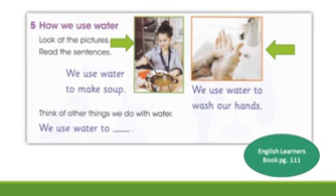Especially at this time, it's very important for us to wash our hands to keep them clean. So think of other things we do with water. You have to complete the sentence, we use water to. You can write or complete this in your English Learner's book, okay?